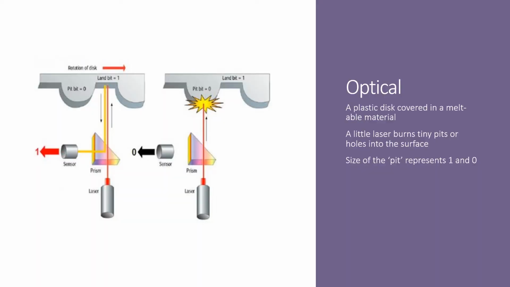In optical storage, by contrast, the bits of data are stored using pits or holes that are burned into the surface of a kind of plastic substance by a laser. A hot laser burns the pits into the surface, and a much gentler laser will bounce off the surface when we read the disk and detect the presence of the pits.